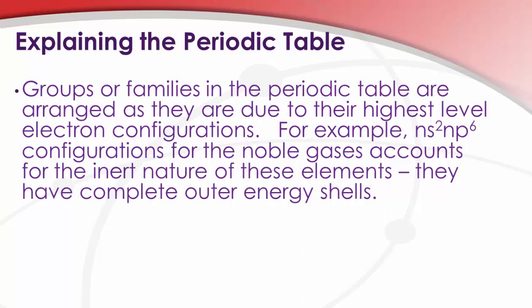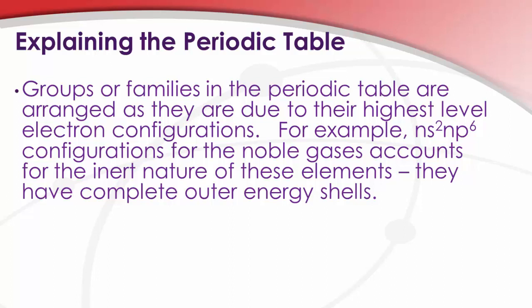The periodic table groups elements into groups or families, and they're arranged the way they are due to these highest level electron configurations. For example, if we fill the S and P orbitals, the configuration of this in the noble gases helps us understand why they don't react, why they're inert.